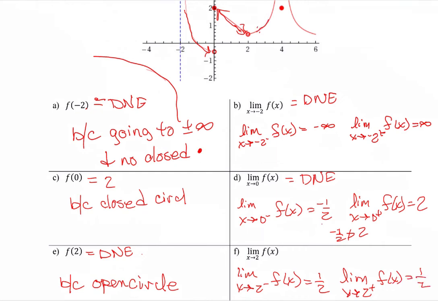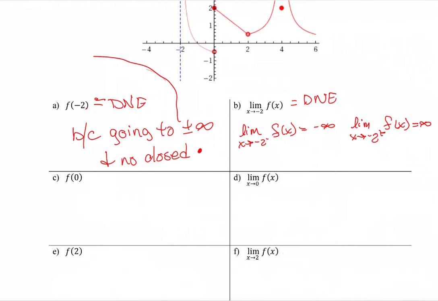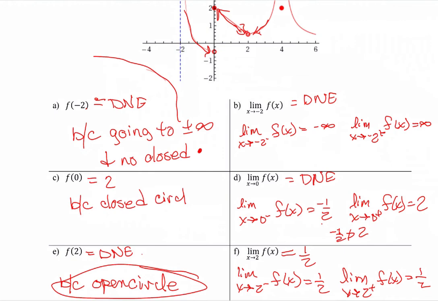Even though the function value at 2 is an open circle and does not exist, this limit value is a half. Just because the function value does not exist does not mean that the limit does not exist. It means the function is not continuous, but it means that the limit exists. I want you to make sure that you get that.